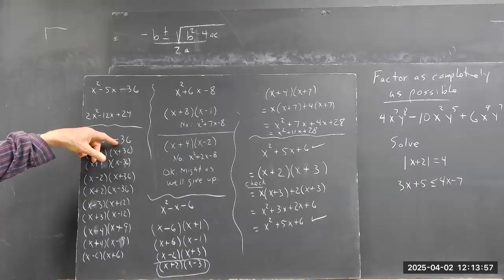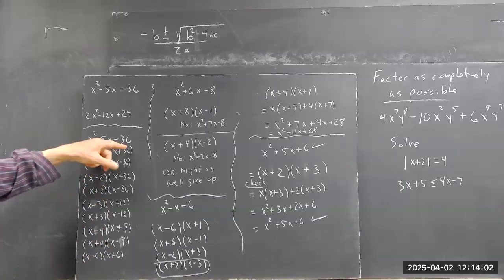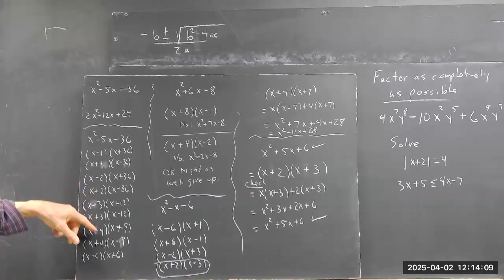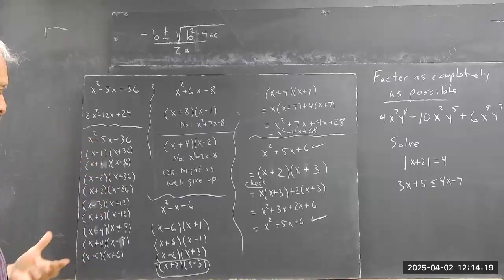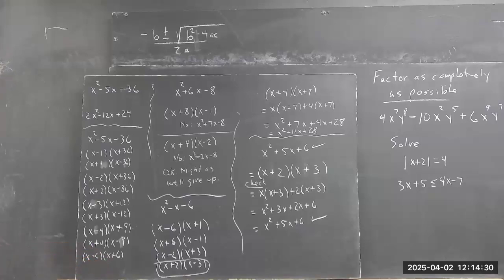So since 36 has a lot of factors, 36 can be divided by 1. Every number can be divided by 1, so you don't want to forget that. And it can be divided by 2, and by 3, and by 4, and by 6. Now, the next number that it could be divided by would be 9. But we've already done plus 9, so there's no point in going fast here.